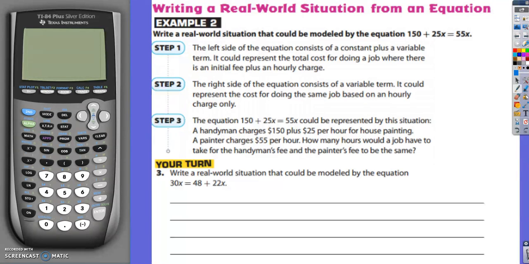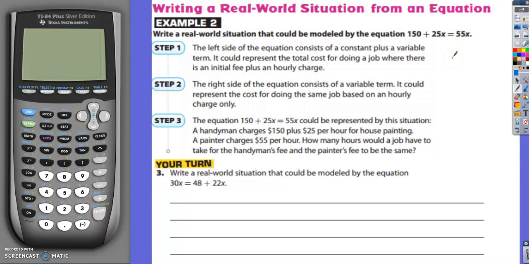Okay, example 2. Write a real-world situation that could be modeled by the equation 150 plus 25x. Well, the left side is where we have a constant of 150 and we have a constant rate of change, the 25x. That's the variable. Where the right side of it is a constant rate of change of 55x.